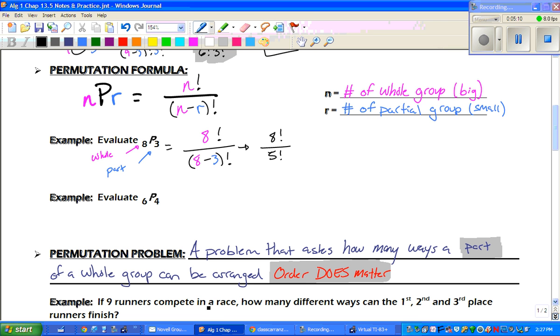Now, some of you can do this in your heads, but let's just imagine. 8 factorial means 8 times 7 times 6 times 5 times 4 times 3 times 2 times 1. And 5 factorial means 5 times 4 times 3 times 2 times 1. You can start to cancel these guys out. And then you're left with 8 times 7 times 6.